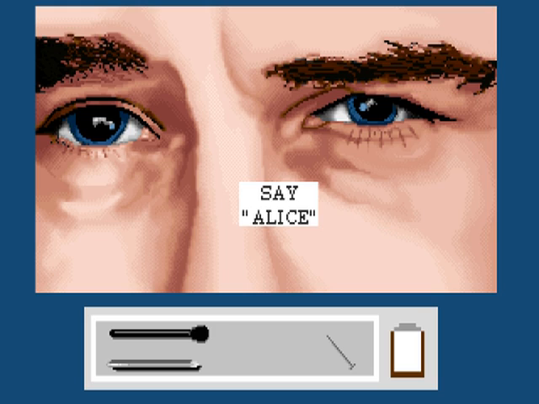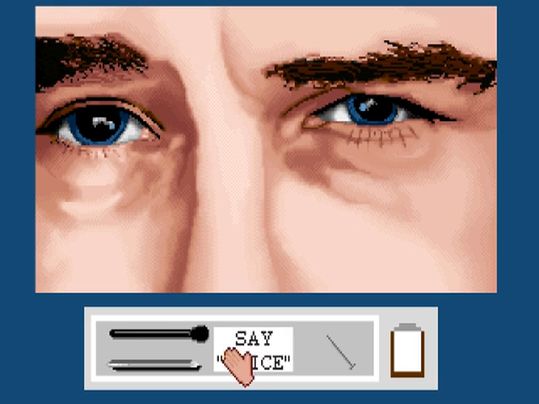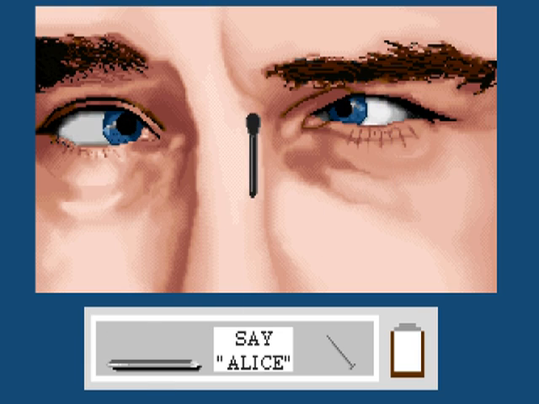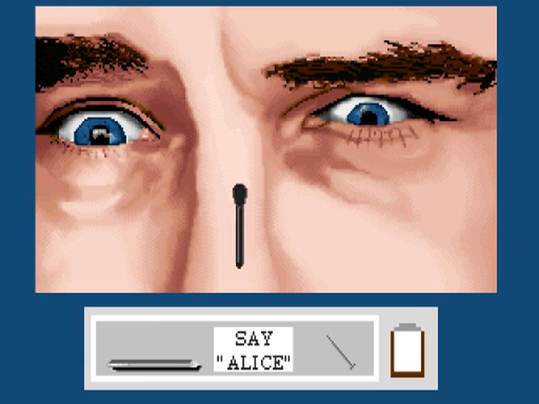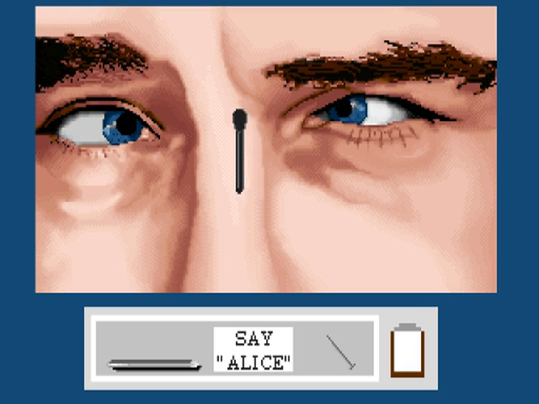She says Alice, as you can hear, perfectly. So let's check her eyesight. How are her eyes working? Not very well, it seems. Not very well at all. But actually, I think they're working the way they're supposed to.